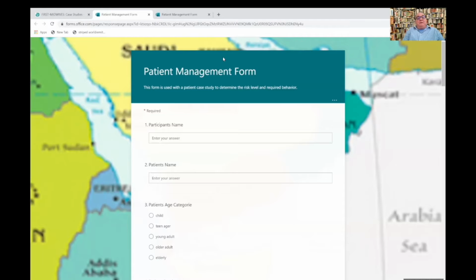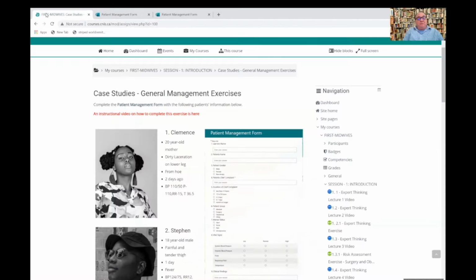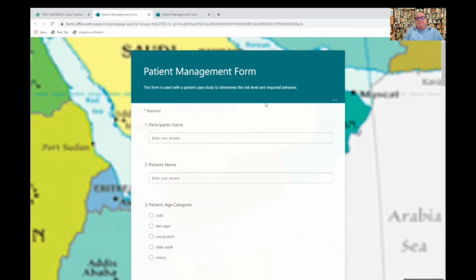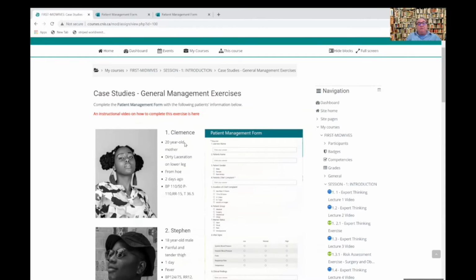When you do that, you enter into a different form or a different website. So you can click back and forth from the Moodle website with the case studies to the patient management form. So let's choose the first patient. First patient's name is Clemence, 20-year-old mother with a dirty laceration. Back to the form.